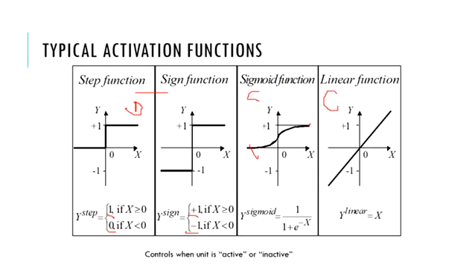A sign function has +1 if x is greater than or equal to 0 and -1 if x is less than 0. Whereas a sigmoid function is 1 over 1 plus e to the power minus x. So it produces an output between 0 and 1 in the continuous domain. While the linear function does not do any processing on x, whatever the x is, it is passed on as y.